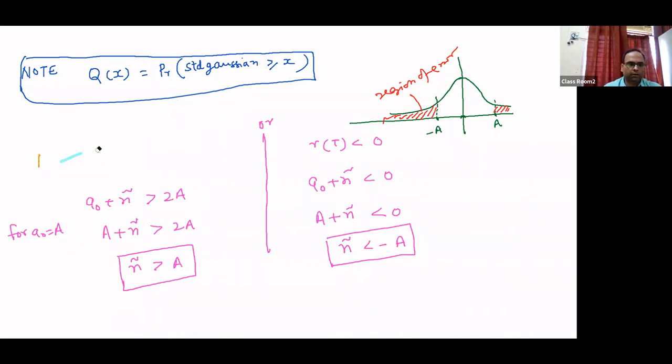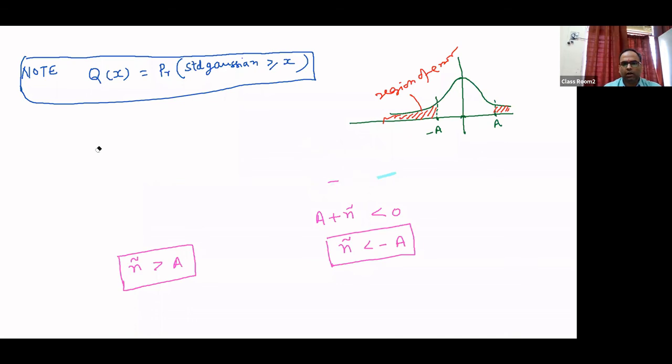So for example, we know that the error will come if n tilde is greater than a or if n tilde is less than minus a, right? So we'll find the probability that n tilde is greater than a.